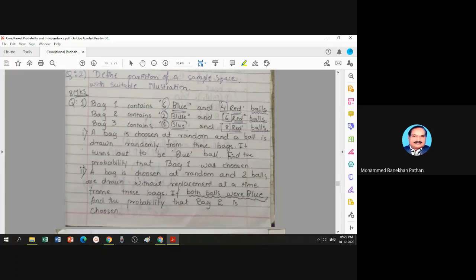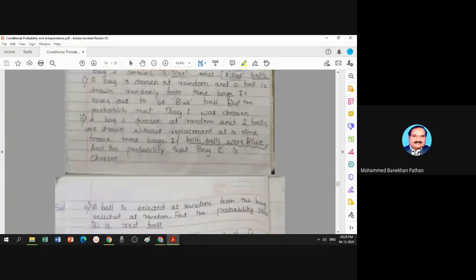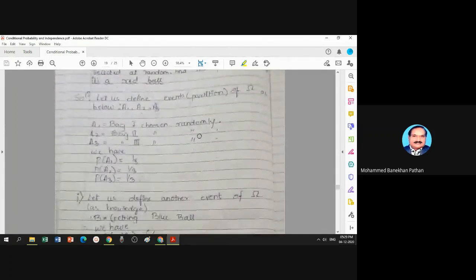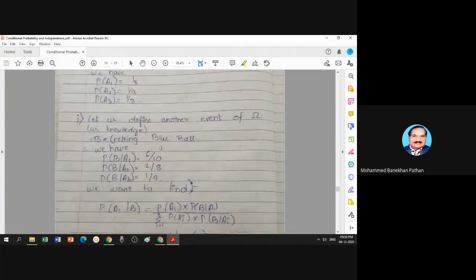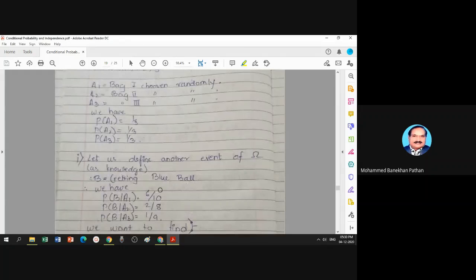The chance of getting blue from A2 is 2 by 8. The chance of getting blue from A3 is 1 by 9. That is a simple application of the classical definition of probability: 6 by 10, 2 by 8, 1 by 9, the chance of getting blue from partition 1, partition 2 and partition 3. These calculations are required for Bayes theorem.